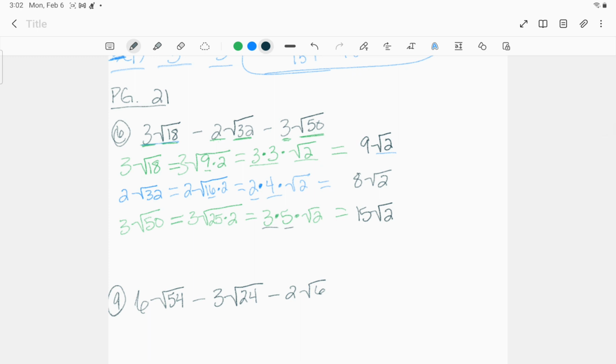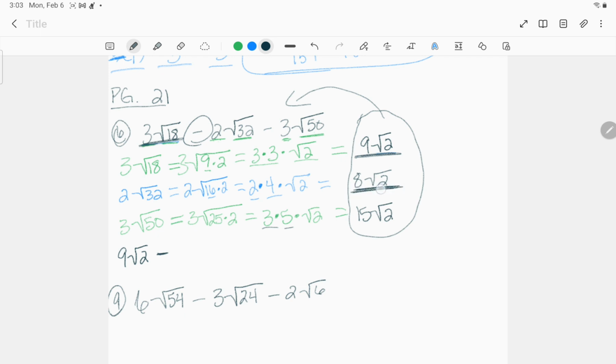Okay? So if everybody's gotten to this point so far, we can now get to our final answer. In our final answer, we're taking these numbers right here that we just got, and we're going to plug them back in for the appropriate numbers here. Okay? So which one was my 3 times the square root of 18? It was 9 times the square root of 2. So 9 square root of 2. I had a negative sign, so I'm going to bring the negative sign.